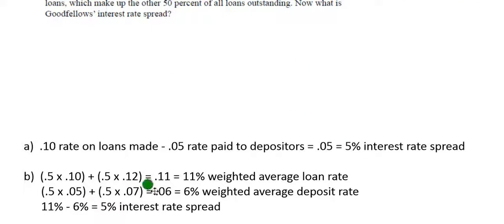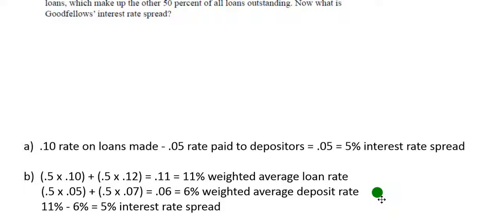So if we look right down here, we just simply say, okay, half of it, 0.5, they're paying 5% on, and we add that to the other half, 0.5 times what they're paying 7% on. So 0.5 times 0.05 plus 0.5 times 0.07 is a weighted average of 0.06, which is a 6% weighted average on the deposit rate that the bank is paying.